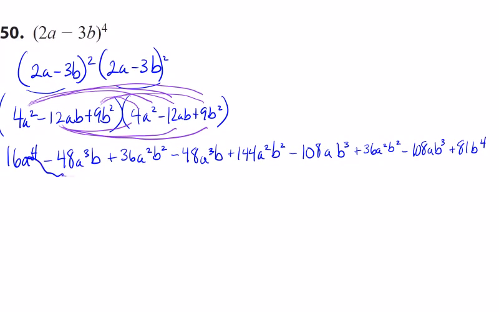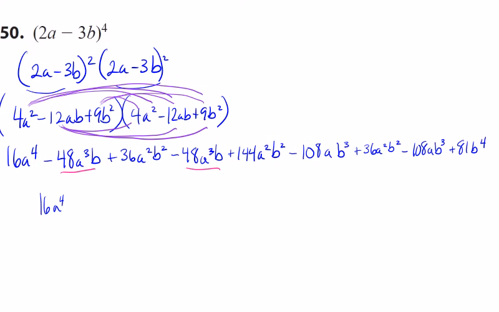Now we're going to look for like terms. All right, that's a lot of terms there. So 16a to the fourth doesn't have a like term, so that's going to come down. A cubed b, we have two of those, right? So we can combine those.